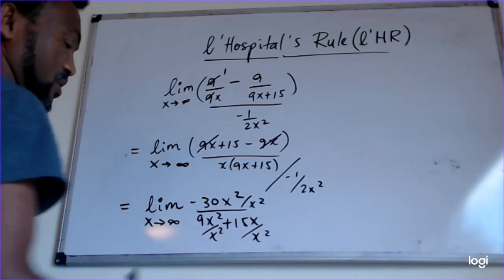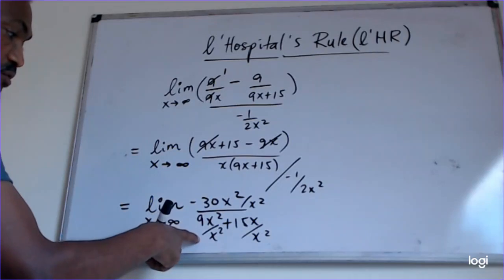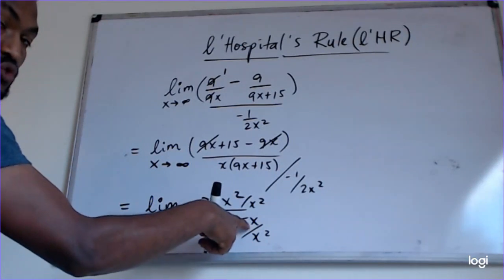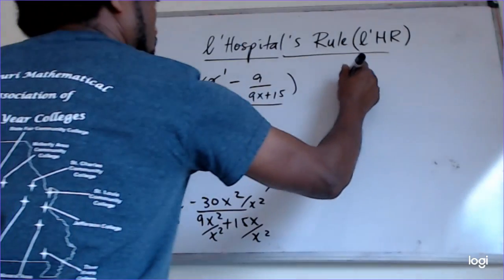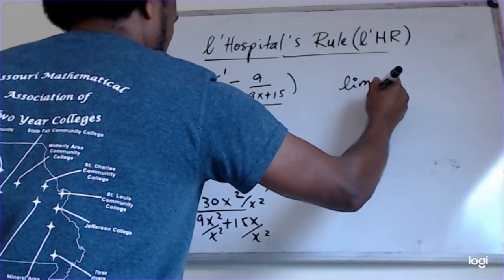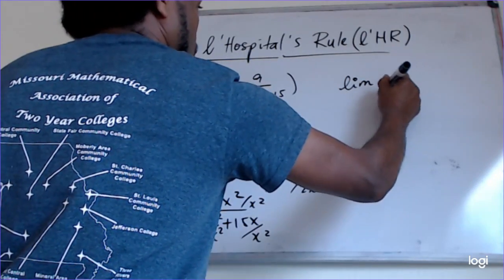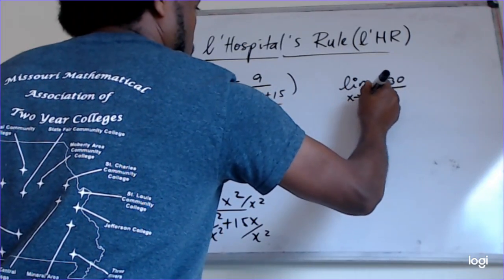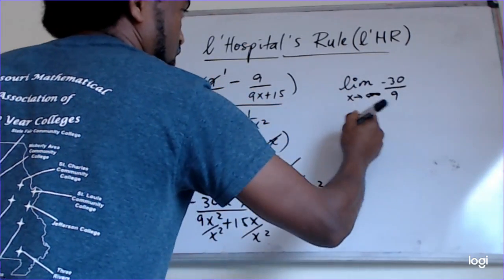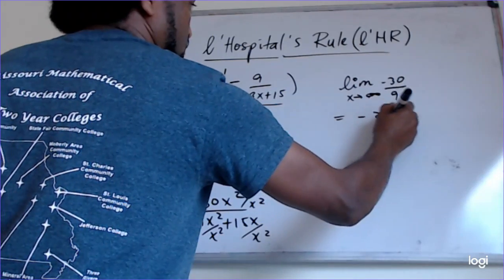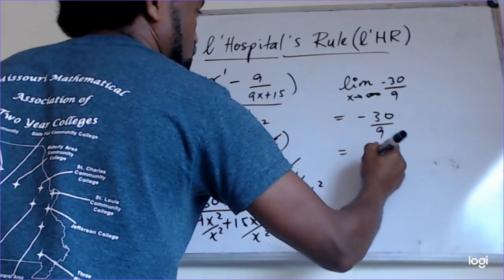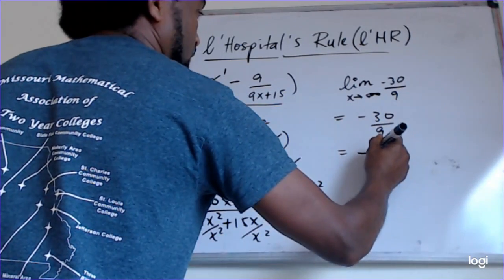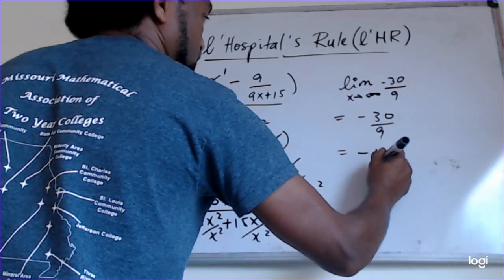So that's negative 30 over 9, and this term will approach 0. So therefore the limit will be negative 30 over 9. Of course, you don't even need this step. You just have your answer, negative 30 over 9, which is reduced to negative 10 over 3.